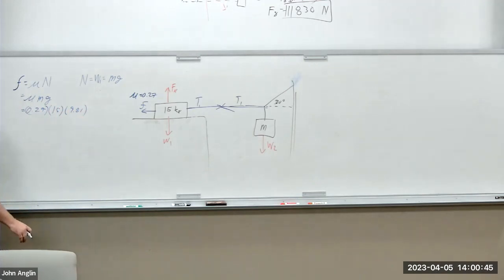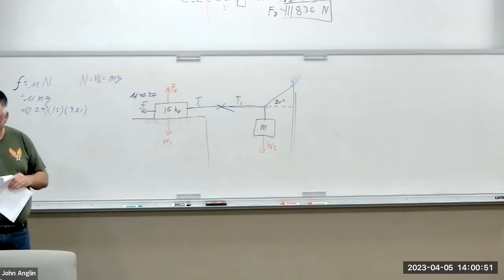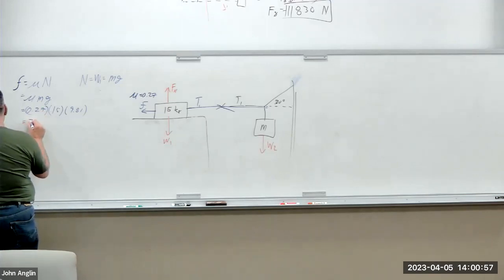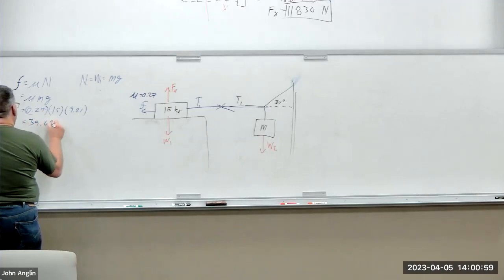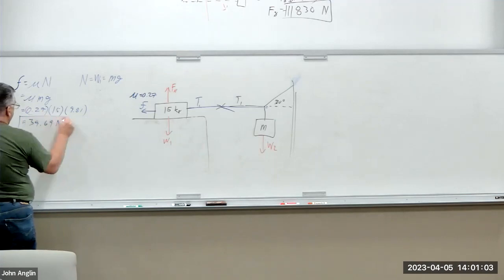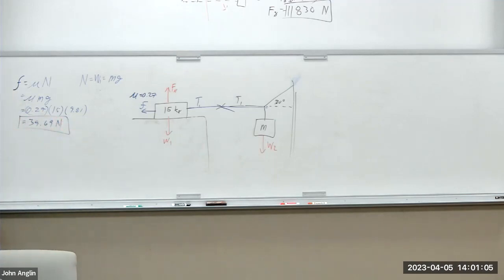So what we find is that we have a force due to friction. Remember, it's a force, so it should come out in the newtons. And in fact, it will. So if you work this out, you get a value of 39.69 newtons. That is our frictional force.